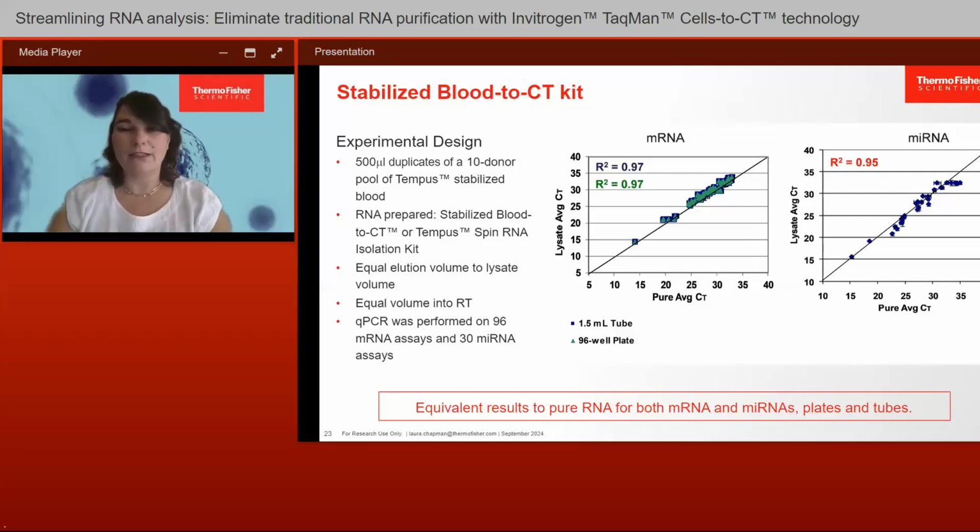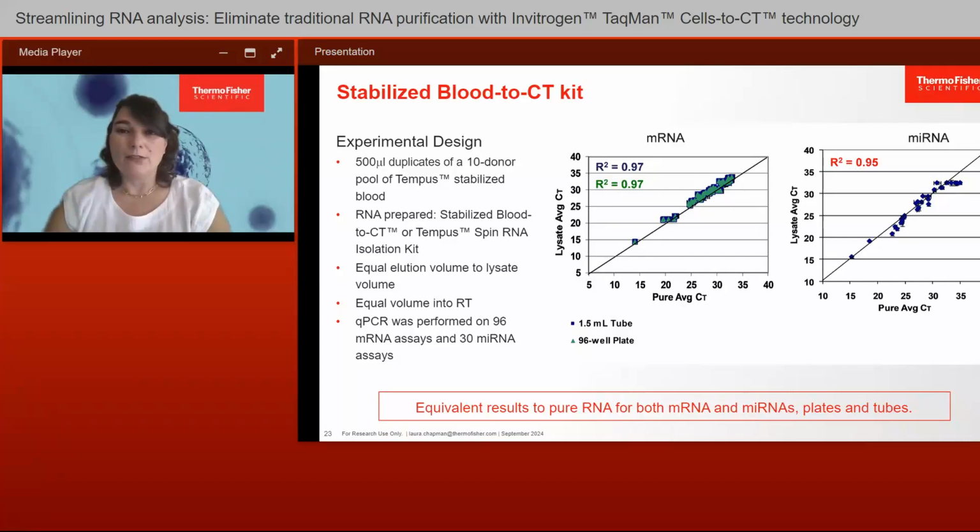And so the graph in the middle here on the left side shows the mRNA expression profile of lysates as compared to purified RNA. And one other thing that we tested here was comparing the tube preparation method and the 96-well plate preparation.